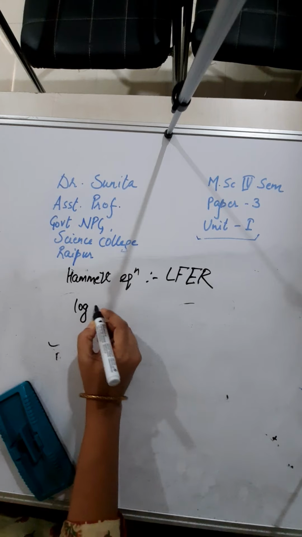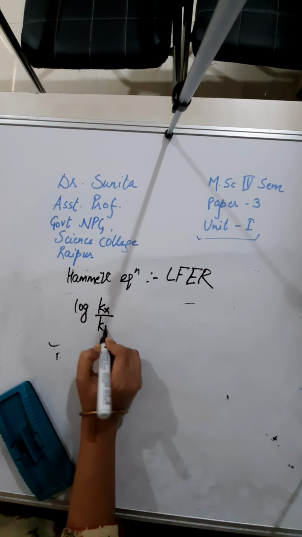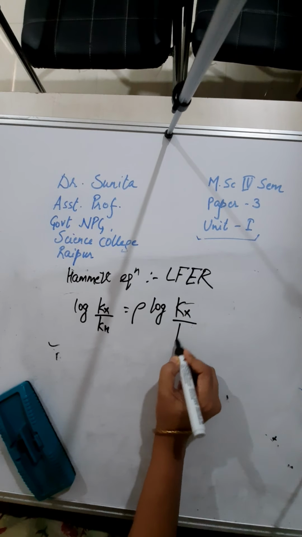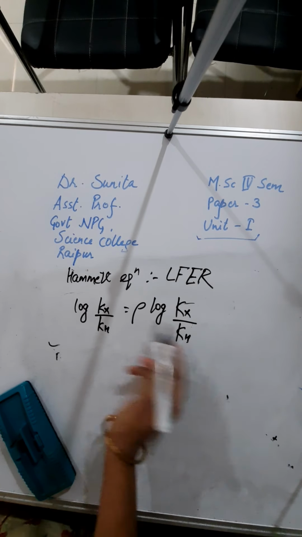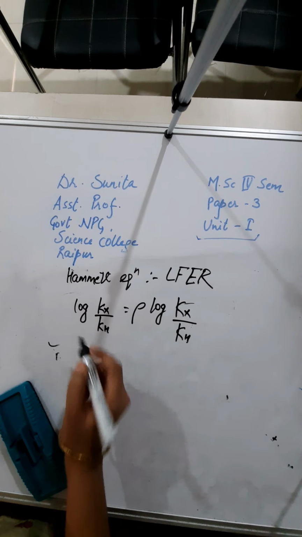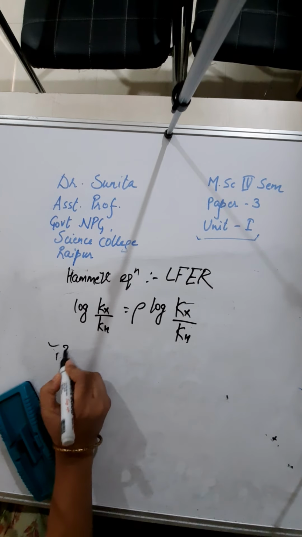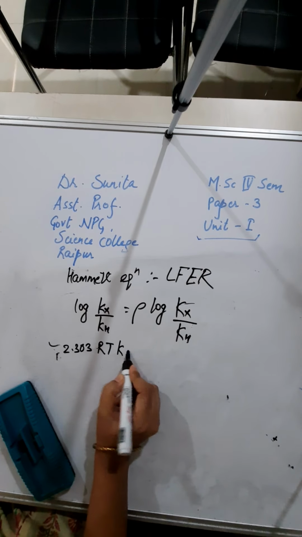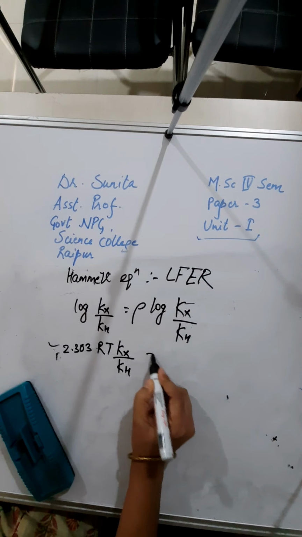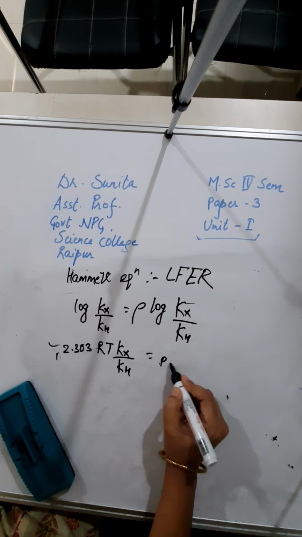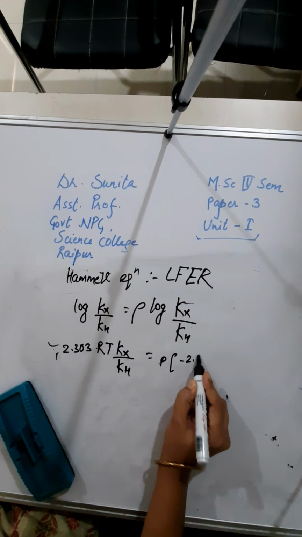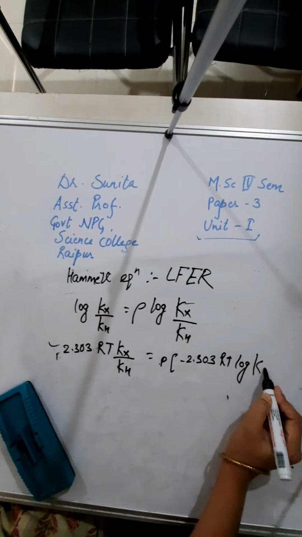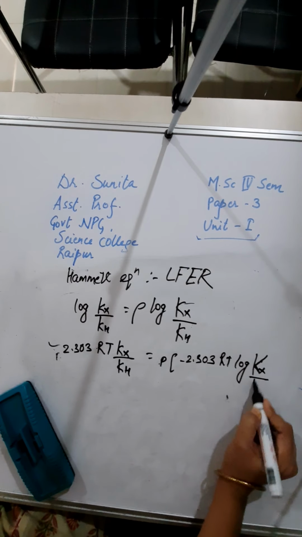We know that log kx over kh equals rho log Kx over KH. Now we multiply both sides by 2.303 RT, so we have 2.303 RT log kx over kh equals rho times minus 2.303 RT log Kx over KH.